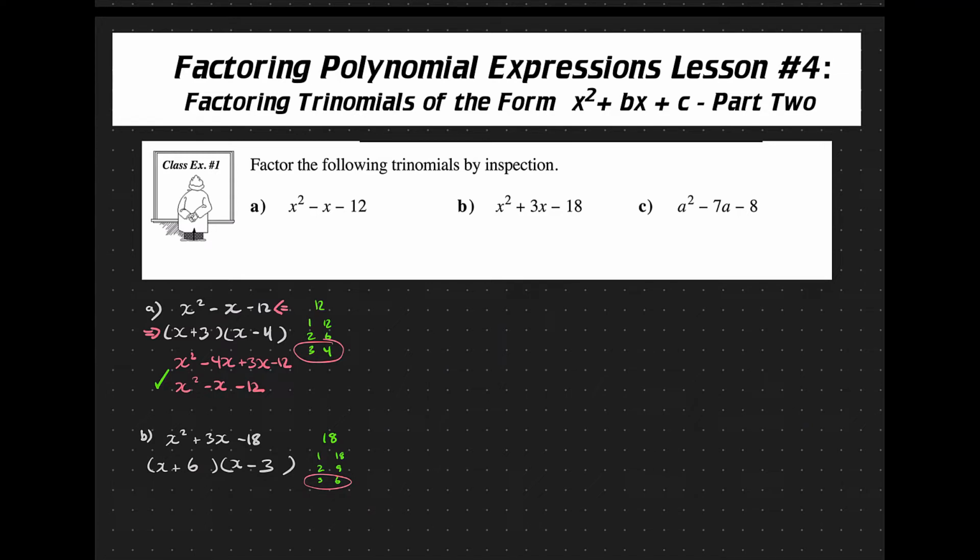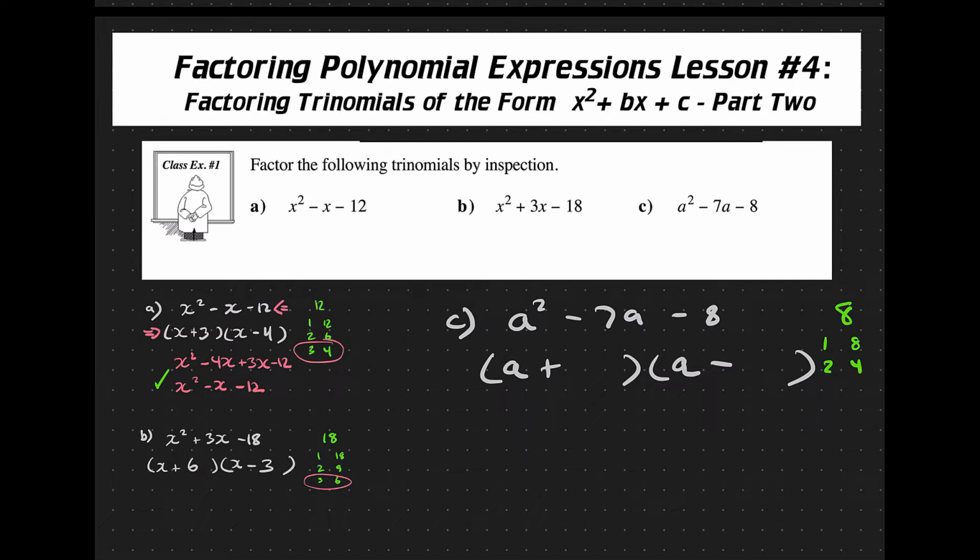Okay, so letter C, example C. A squared minus 7a minus 8. Two binomials. This time instead of x's, we got a and a. The signs are going to be different. And we've got to find two numbers that will have a product of 8. So what do we got? 1 and 8, 2 and 4.